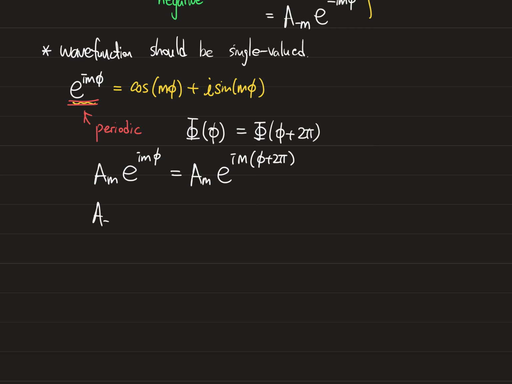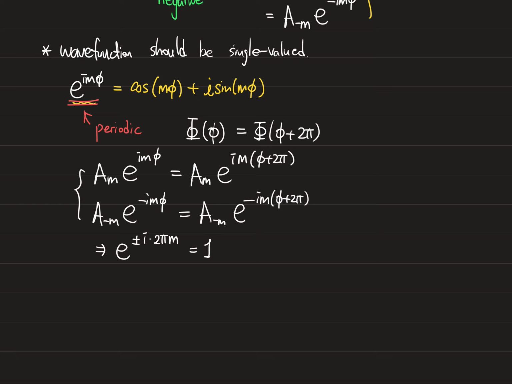A minus m should be equal to the corresponding expression. So from these two relations, we can claim that exponential plus or minus i multiplied by 2 pi m should be 1.